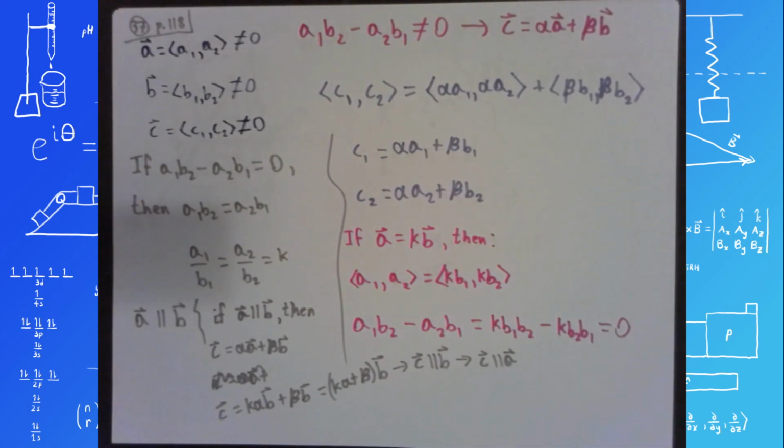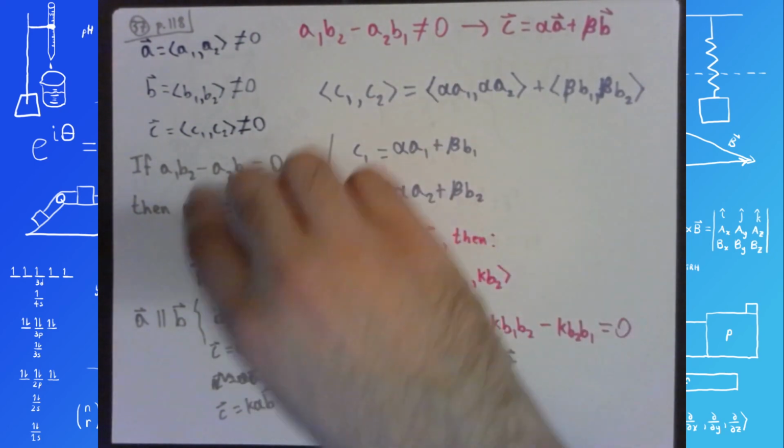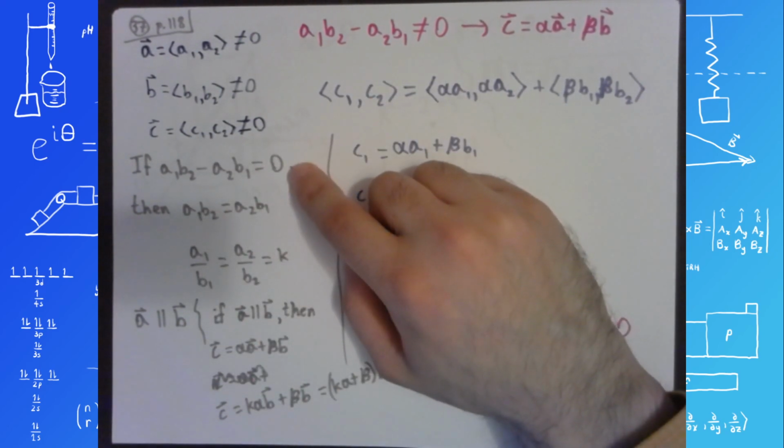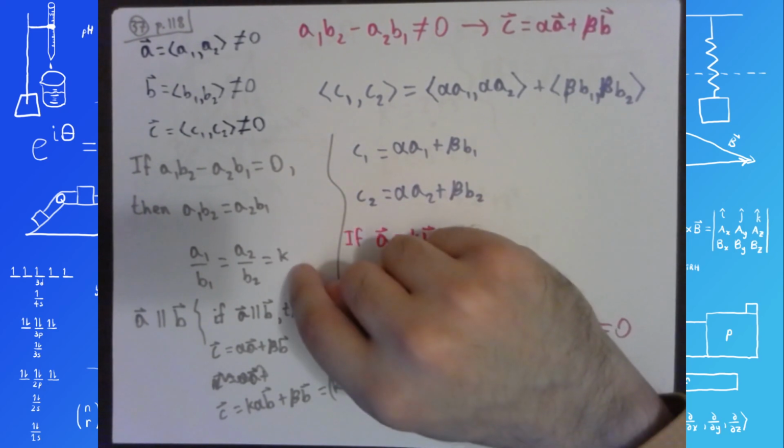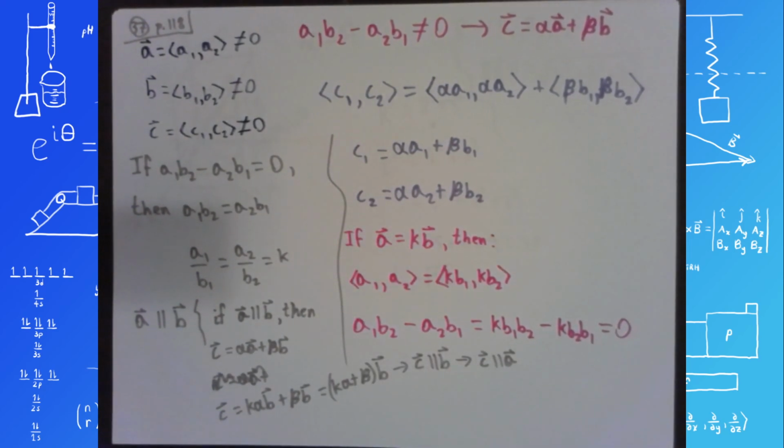So what they're trying to tell you here, this A1b2 minus A2b1, I worked it out last time, and I showed that if it was 0, then that would mean that vectors A and B would be parallel to each other, which would mean that they're just multiples of each other, which doesn't really give you a lot of leeway.